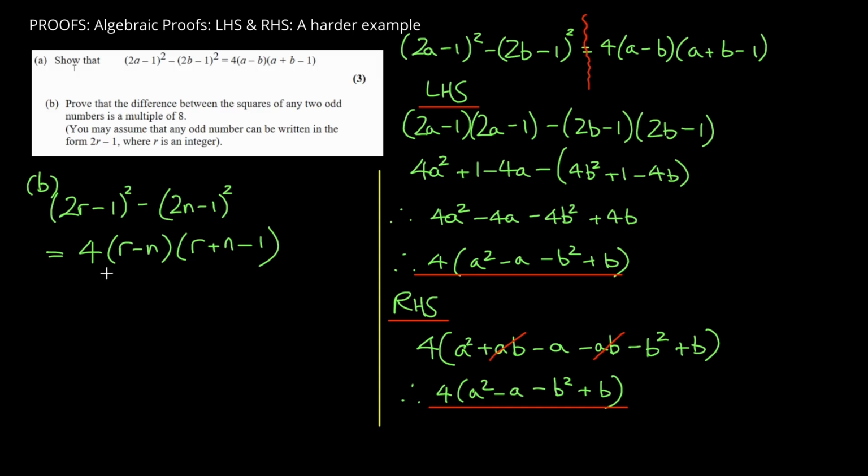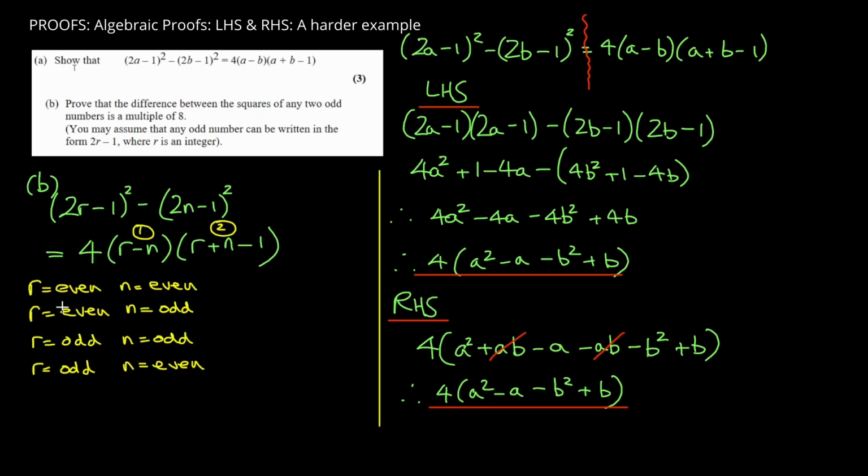And the trick is, now we've got down to here, that if either this term or this term are even, you see, if a number is even, I can take a factor of 2 out, turning this 4 into an 8. So if I can prove for all cases of r being odd or even and n being odd or even, and if I can prove that either of these terms remains even, we're home.